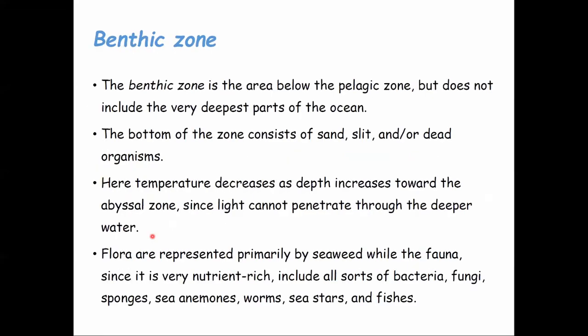And the next one is the benthic zone, right? The benthic zone is the area below the pelagic zone. We already saw that image. Below the pelagic area, the benthic zone is occupied, but it does not include the very deepest parts of the ocean, because the very deepest parts come as the abyssal zone, right?